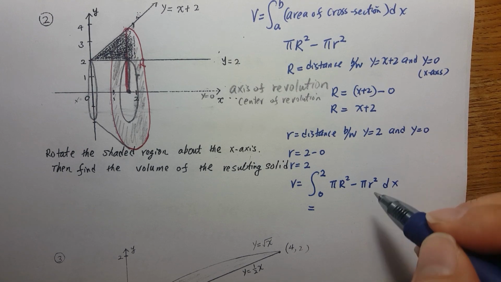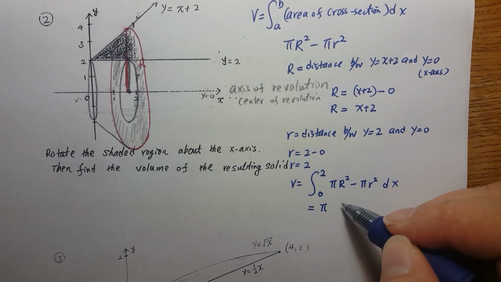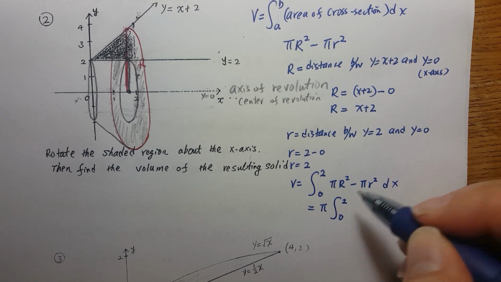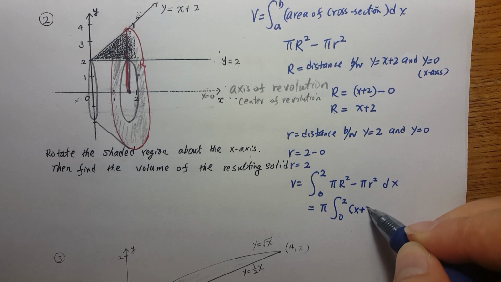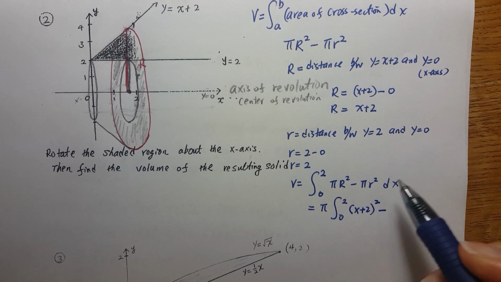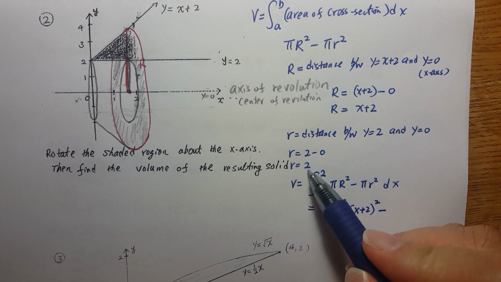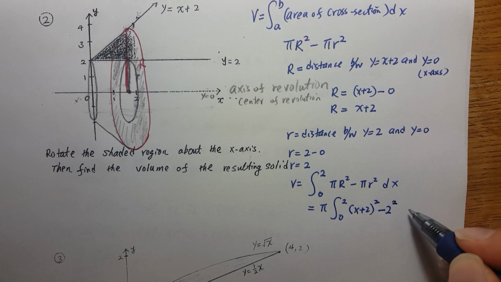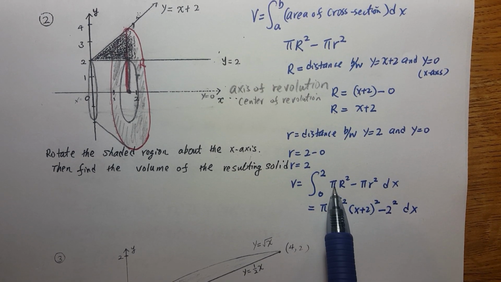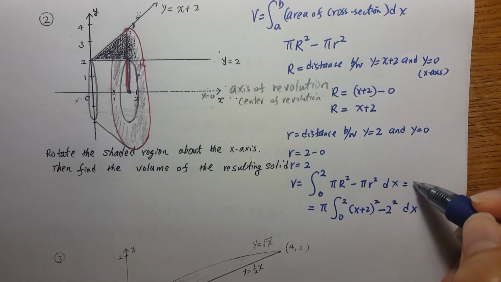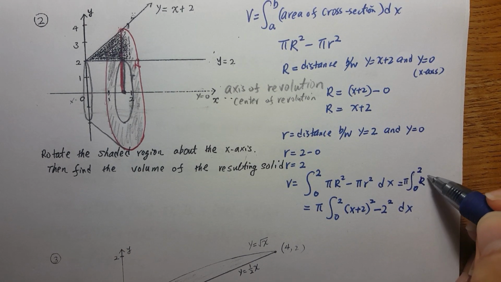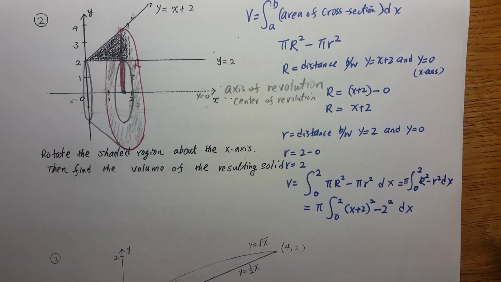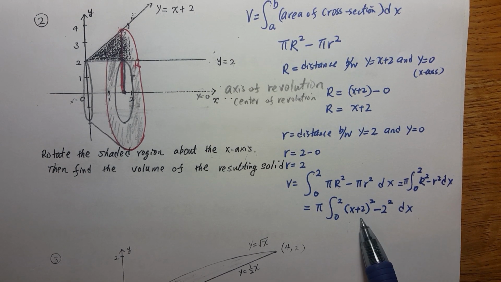They all have a pi in common, so I'm going to factor out a pi outside first. So I get the integral from 0 to 2. Now your big R is x plus 2, so parentheses x plus 2, the whole thing squared, minus small r squared. Now small r is 2, so 2 squared dx. I just factor out the pi. I can rewrite it over here: pi, integral from 0 to 2, big R squared minus small r squared dx. That's how we got this part over here.